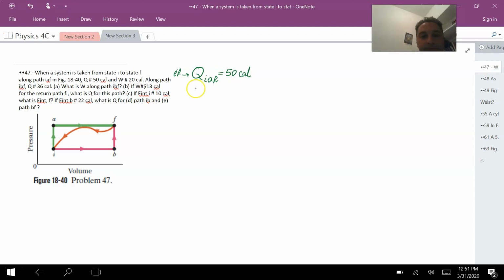And work in path of IAF is 20 calorie. Okay, everything is in calorie here, not joules. Along path of IBF, what do I have for IBF?